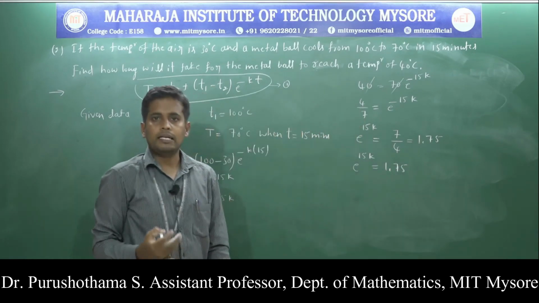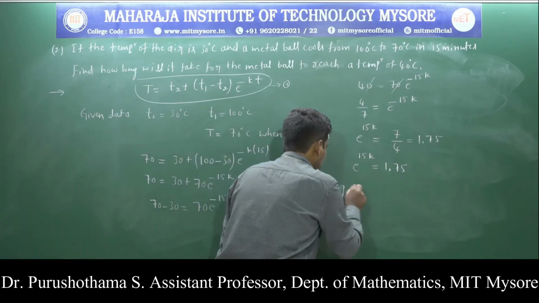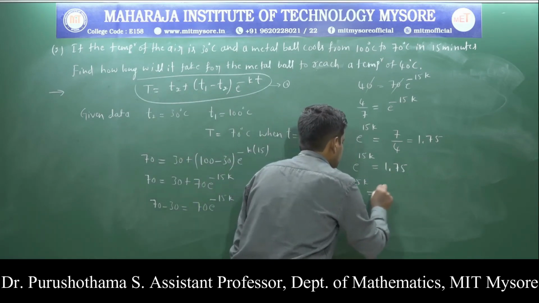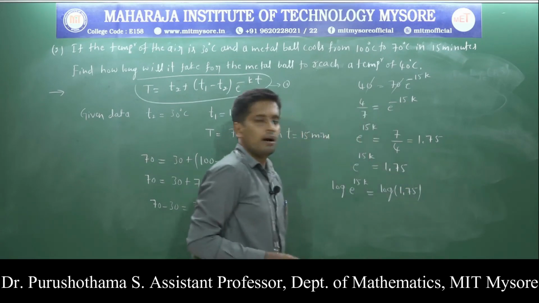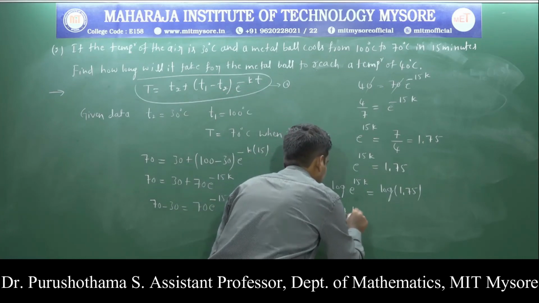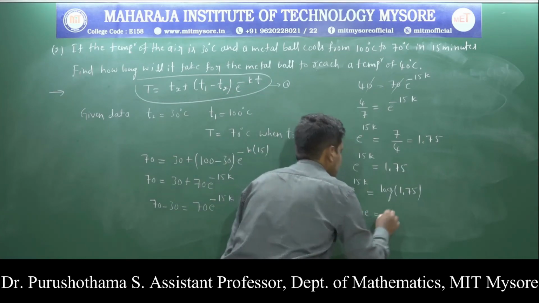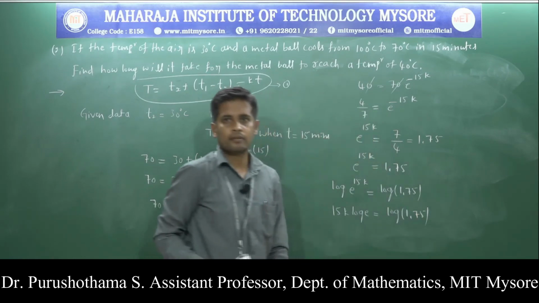In the next step, taking log on both sides, log of e power 15k is equal to log of 1.75, so 15k into log e is equal to log of 1.75.